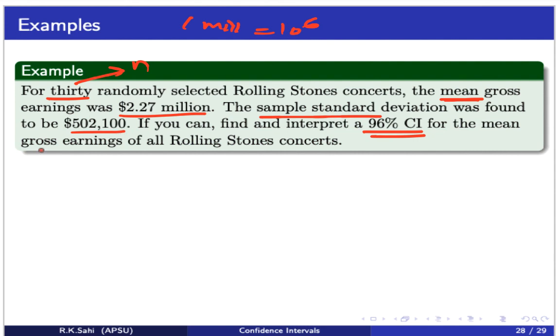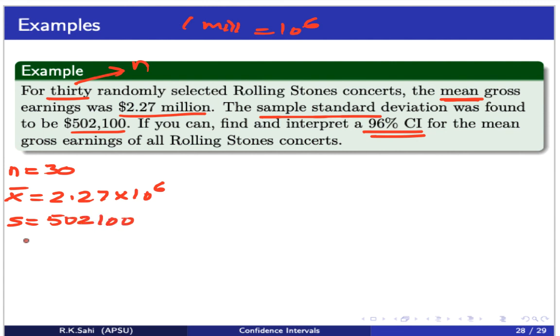Okay, so let's write down what's given. n is 30. The sample mean is 2.27 times 10 to the power 6 because we are changing it to the normal number, not in terms of scientific notation. The sample standard deviation, little s, is 502,100.